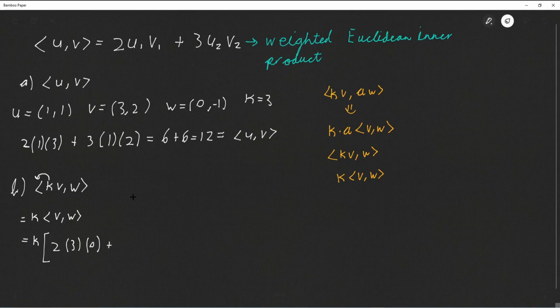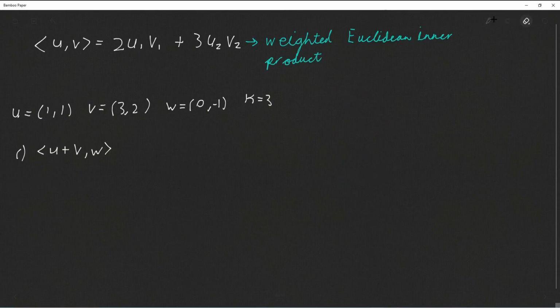And now we're going to add 3 times our second term of v, which is 2, and then multiply that with our second term of w, which is negative 1. So this will give us k multiplied by, this just gives us 0, and this is negative 6. So if we put our k as equal to 3, this will be 3 times negative 6, which gives us negative 18.